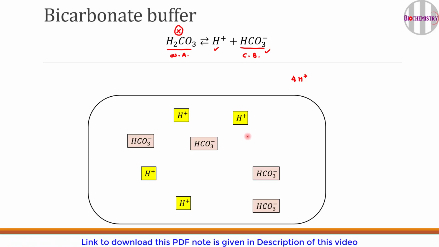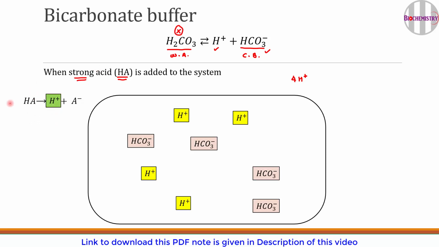Now let us see what will happen when a strong acid is added to the system. Remember, acid is represented by HA, and as it is a strong acid, it gets completely dissociated. On this side, I have given the example of dissociation. Here HA is a strong acid which is getting completely dissociated into H plus and A minus.